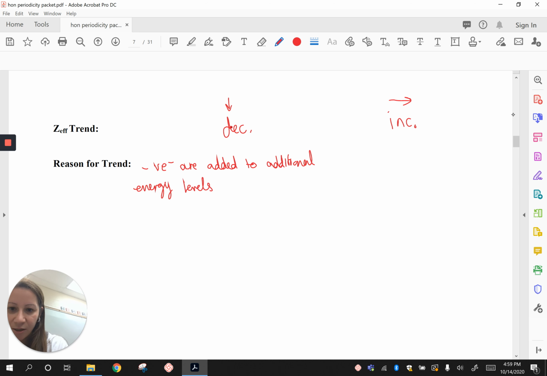I'm going to use n as a shortcut for my energy levels. Because these extra electrons are being added to new energy levels, they are farther and farther away from the nucleus. So the valence electrons are farther from the nucleus.